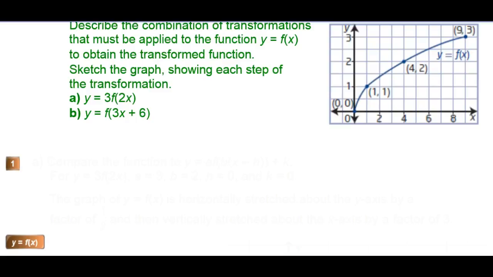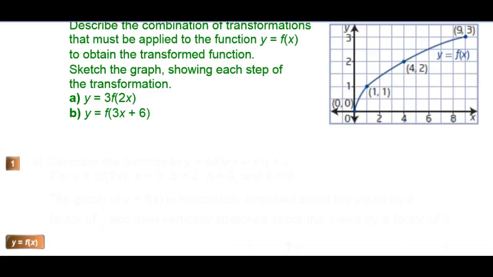They are 0 and 0, 1 and 1, 4 and 2, and 9 and 3. Anybody recognize what that kind of graph is? What the equation is? It's actually a root equation, is it not? Because it starts here and goes up that way. So these are our original points.